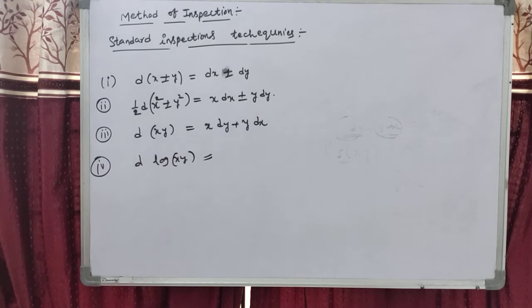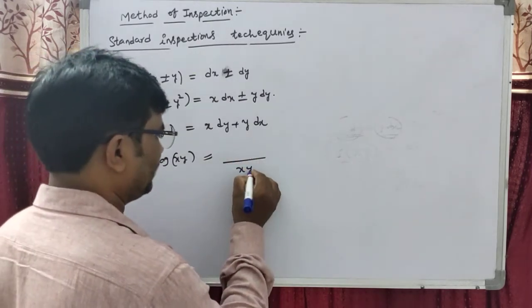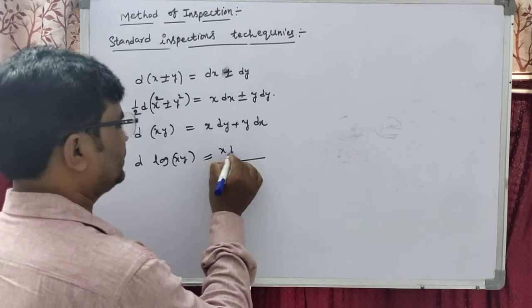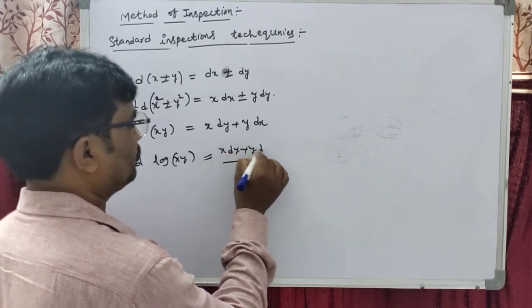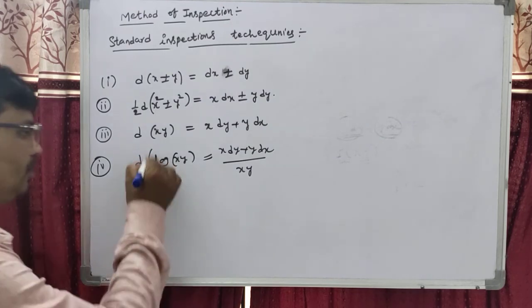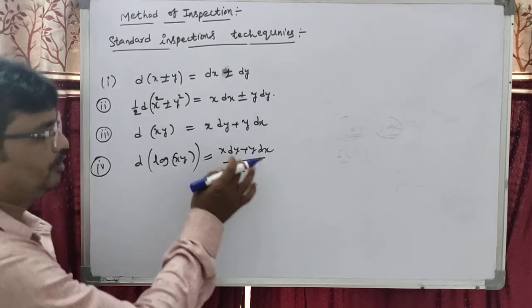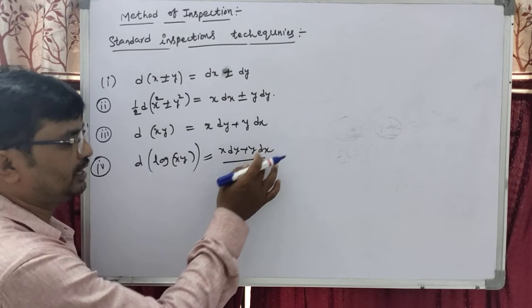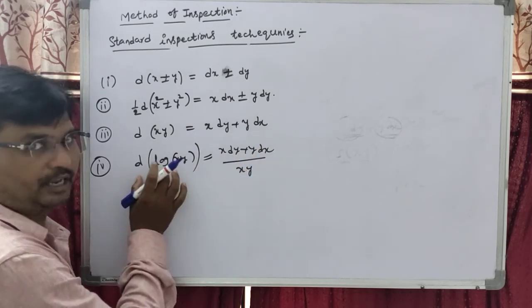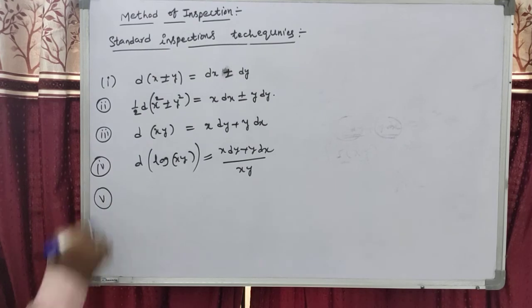How to write it, students? When you observe xy and x dy plus y dx, undoubtedly we can take the derivative of log of xy. What is the derivative of log of xy? It is 1 by xy into x dy plus y dx. When you observe x dy plus y dx by xy, you can simply write the derivative of log of xy. Okay students, now the fifth technique.